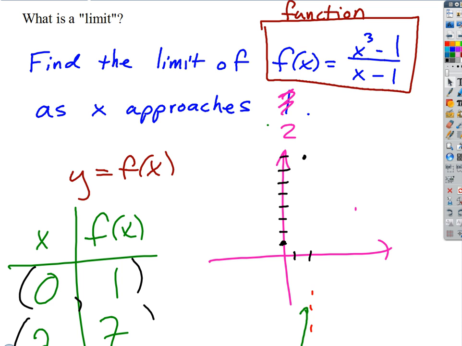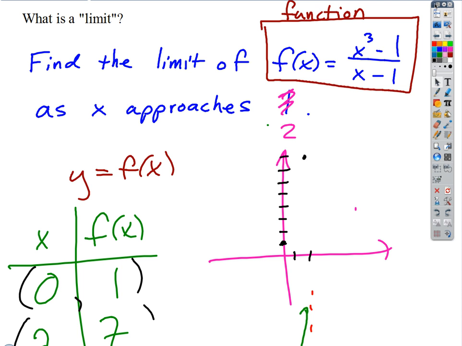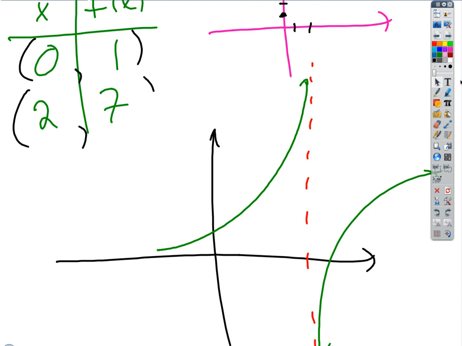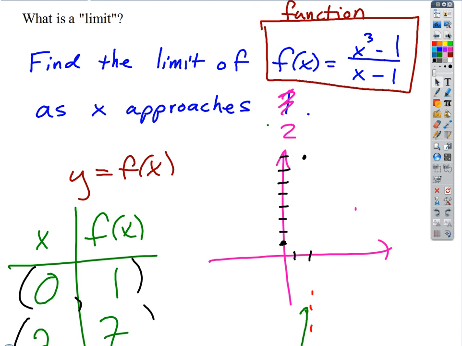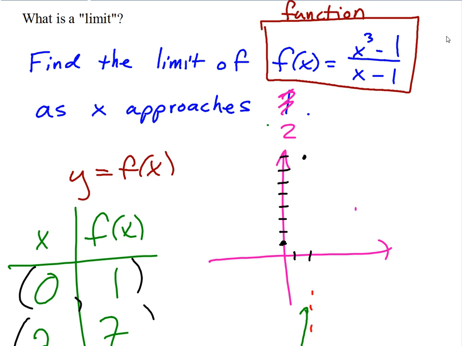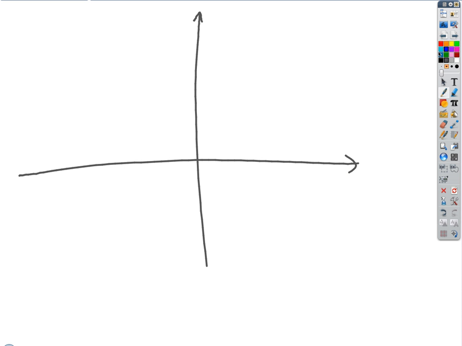And the example we took specifically was this guy right here. Right, was this f of x equals x cubed minus 1 over x minus 1, and we even graphed that. I don't think I left a graph of it up here, but we can make one. Okay, so it's going to look something like this.